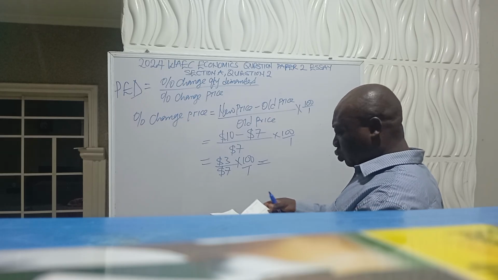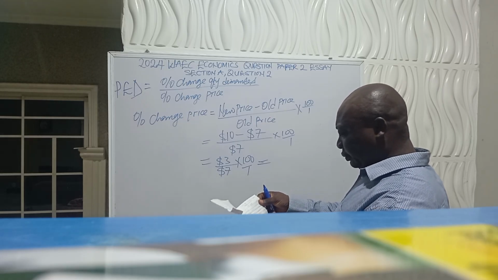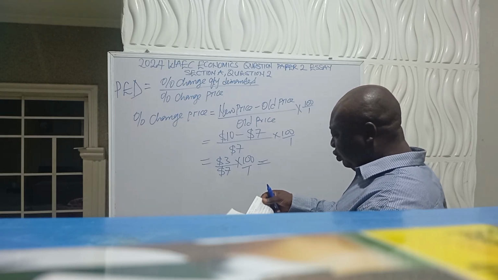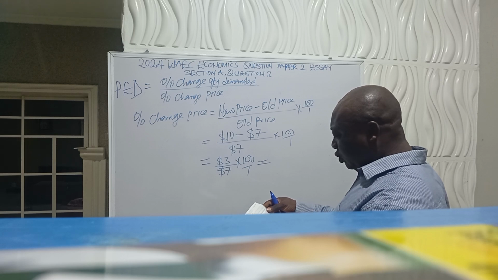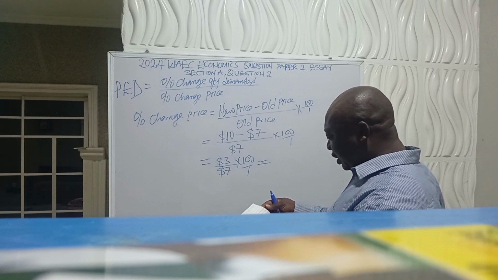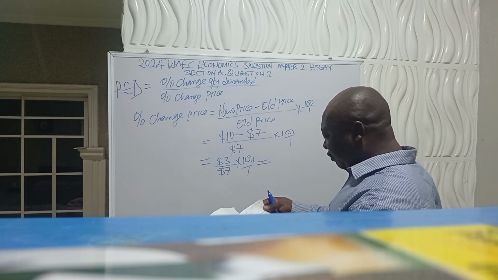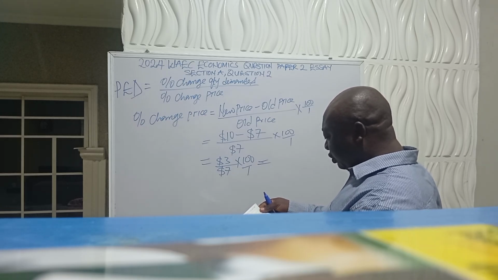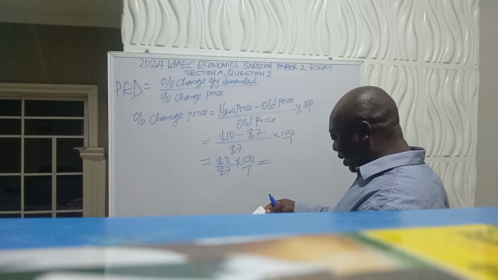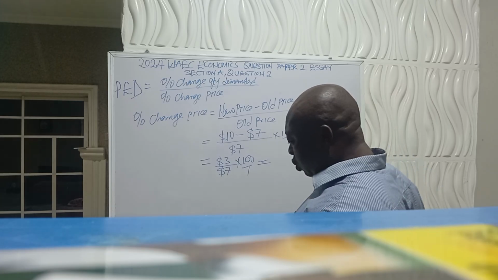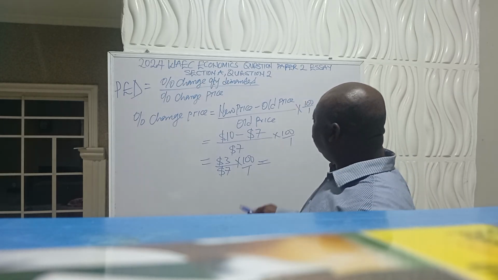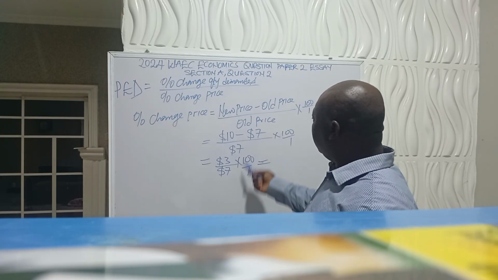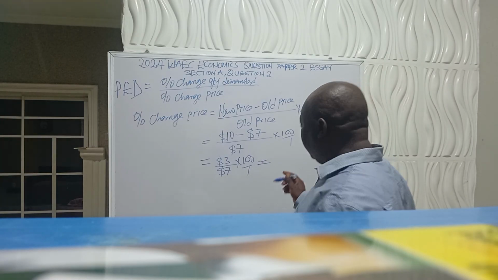I want to be sure there's no mistake. The management of a fruit juice production company was directed by the shareholders to increase the revenue from the sales of its products. The management decided to increase the price of the fruit juice from $7 to $10 per unit. Okay, so 7 is the old. So it's correct.